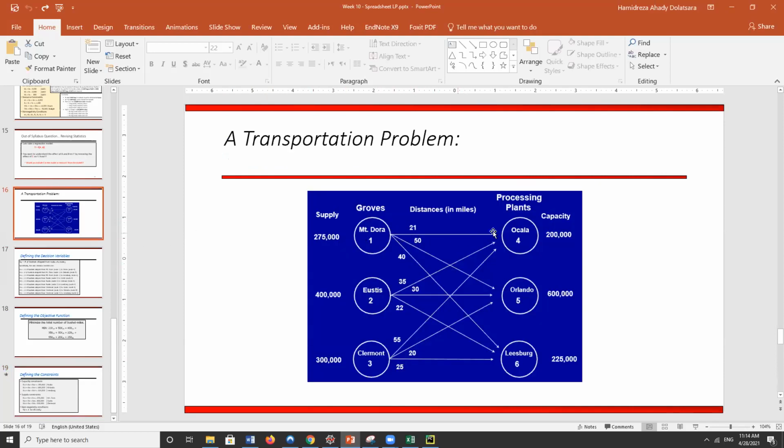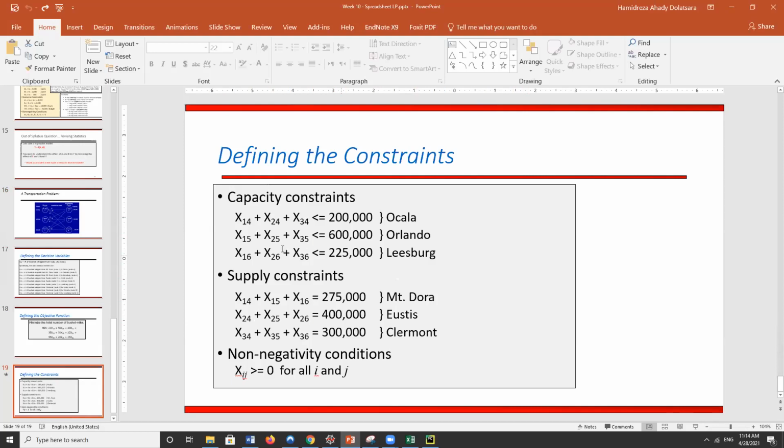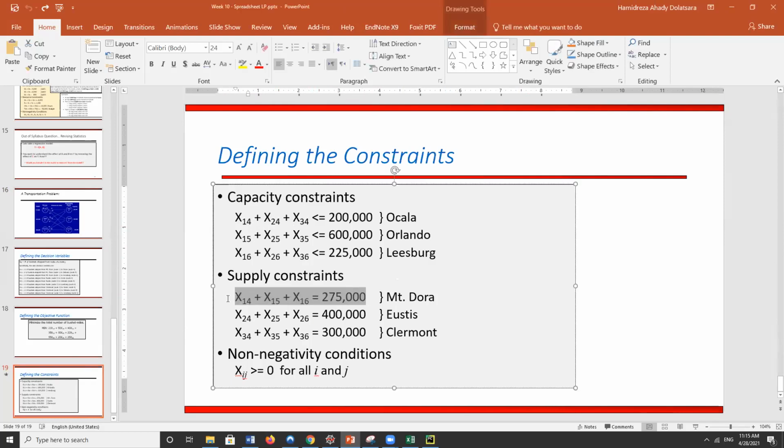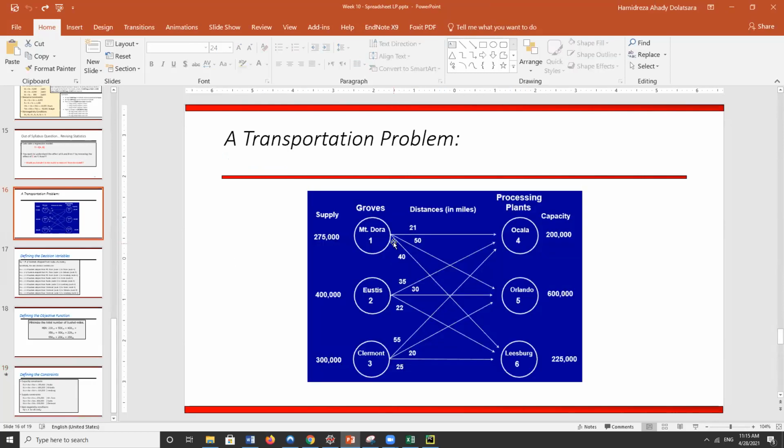It just means from 1 to 4, 1 to 5, 1 to 6. Let's look at this one first. 1 to 4, 1 to 5, 1 to 6.